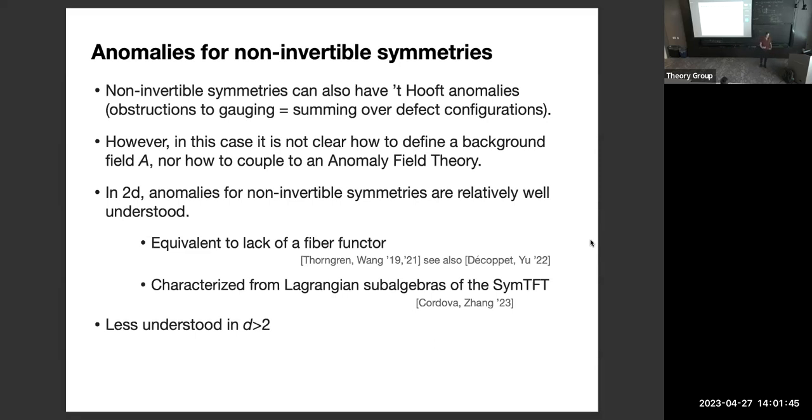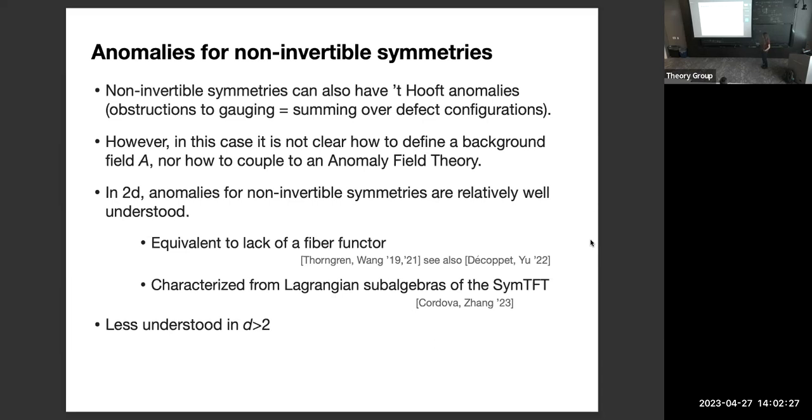However, in 2 dimensions at least, anomalies for non-invertible symmetries have been relatively well understood and characterized. So these authors formulated some mathematical equivalents to the statement of there being an anomaly in 2 dimensions, and there is an anomaly if there's a lack of a so-called fiber functor. I don't want to get into these details, but there is such a theorem discussed by these authors.